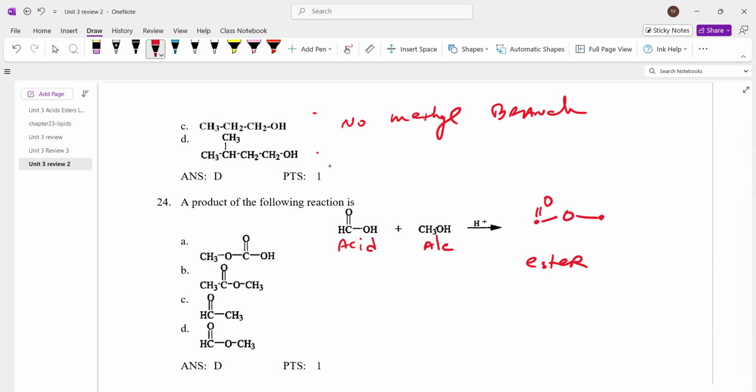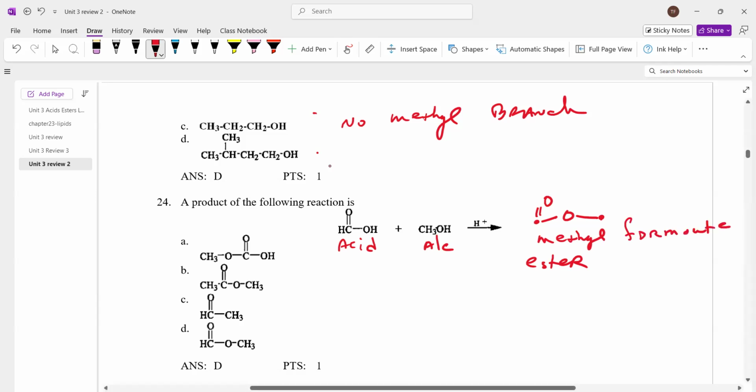So the name would be methyl, either formate like formic acid or methanoate.